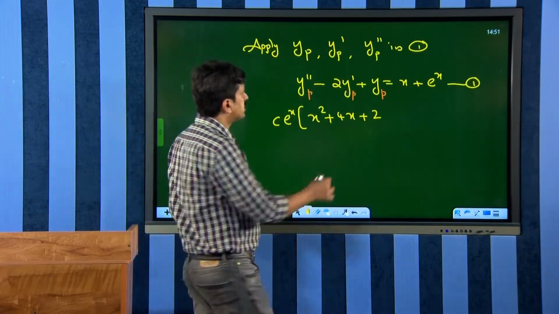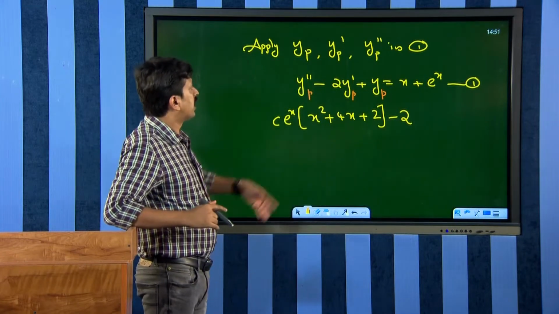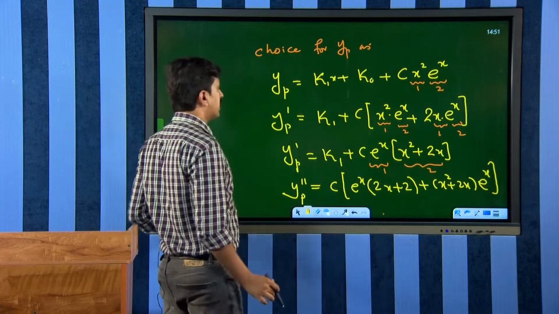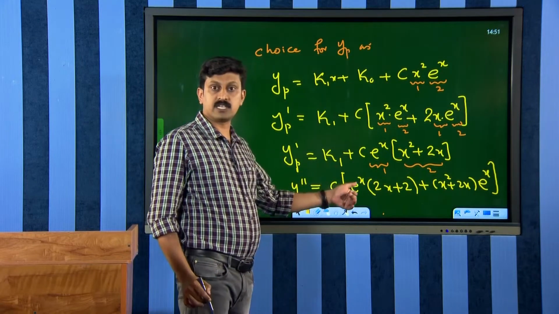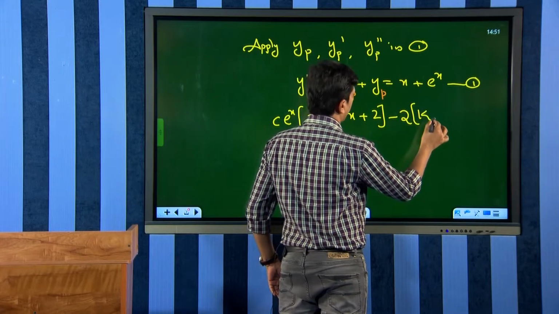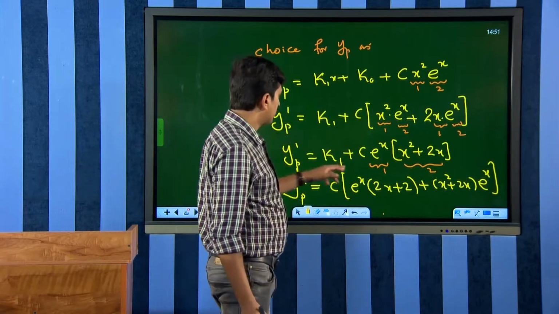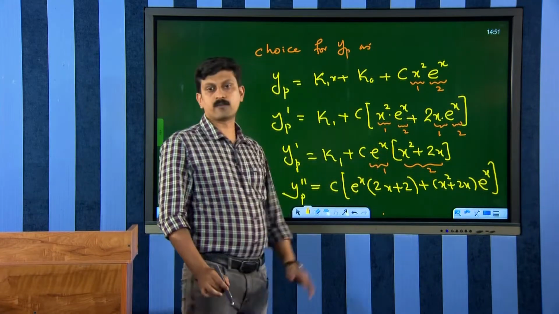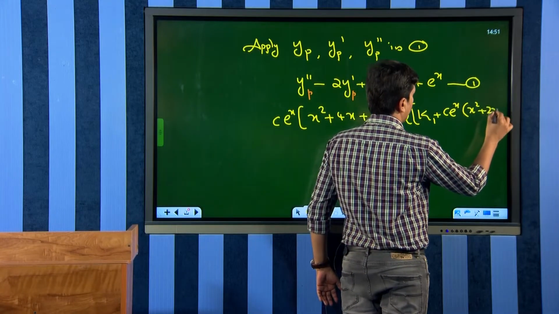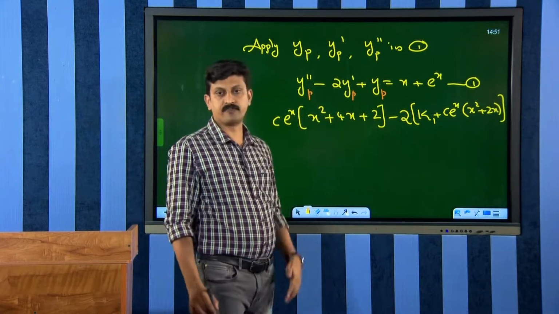And the next is minus 2 times of yp dash, and the yp dash is equal to k1 plus c e raised to x into 2 into k1 plus c e raised to x into k1 plus c e raised to x into x square plus 2x is there. Okay, x square plus 2x is there, and finally we have plus yp is here.